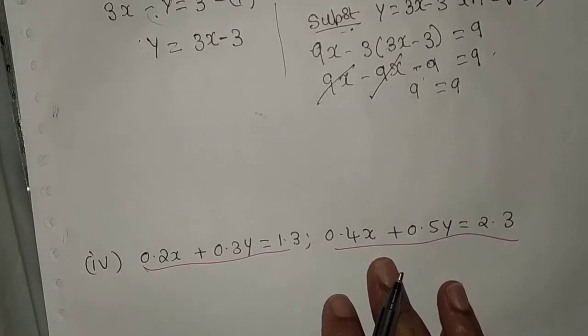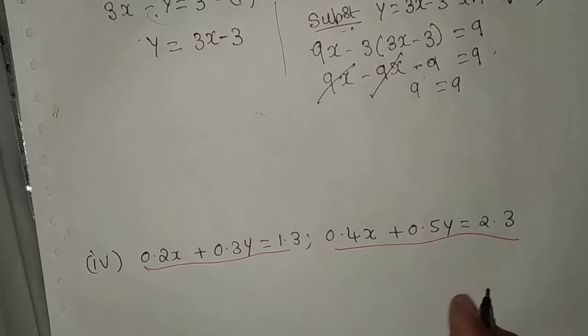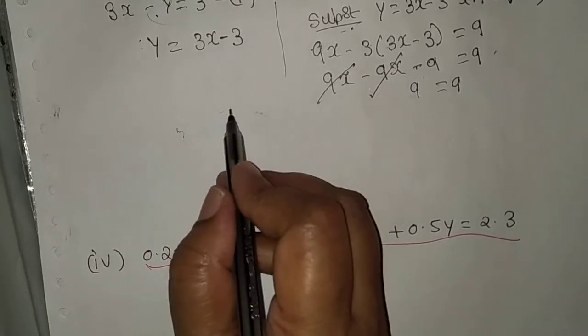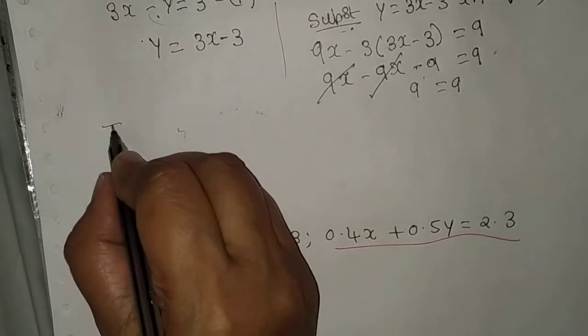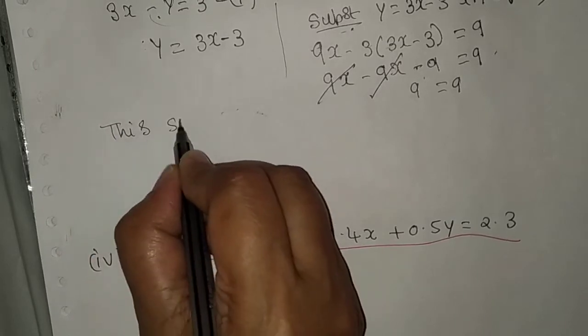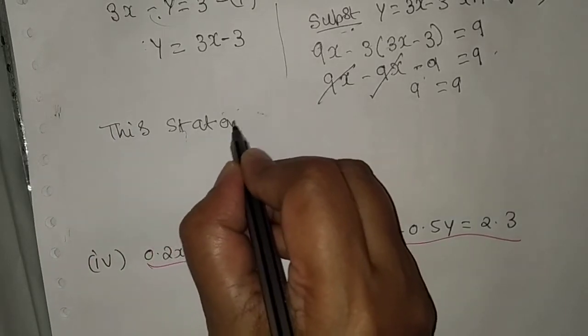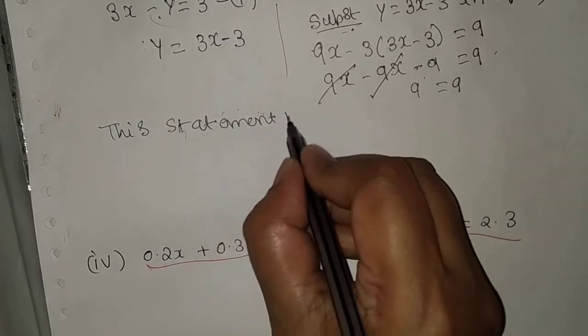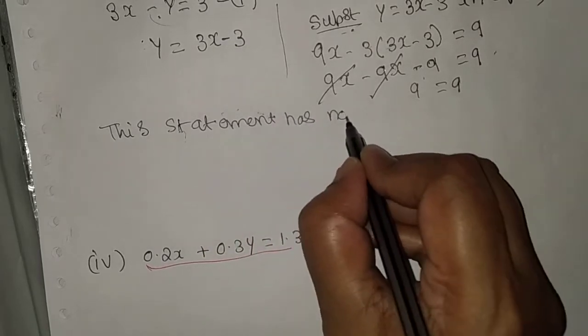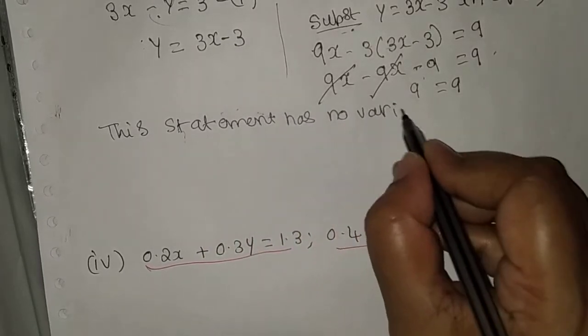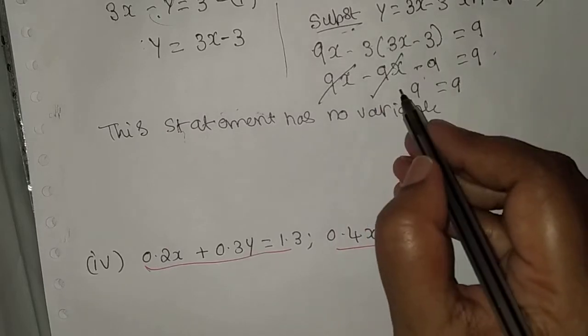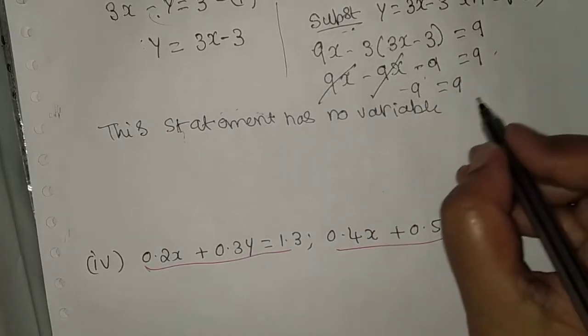In one line we have to say, this statement has no variable. The condition here, 9 equal to 9, is given.